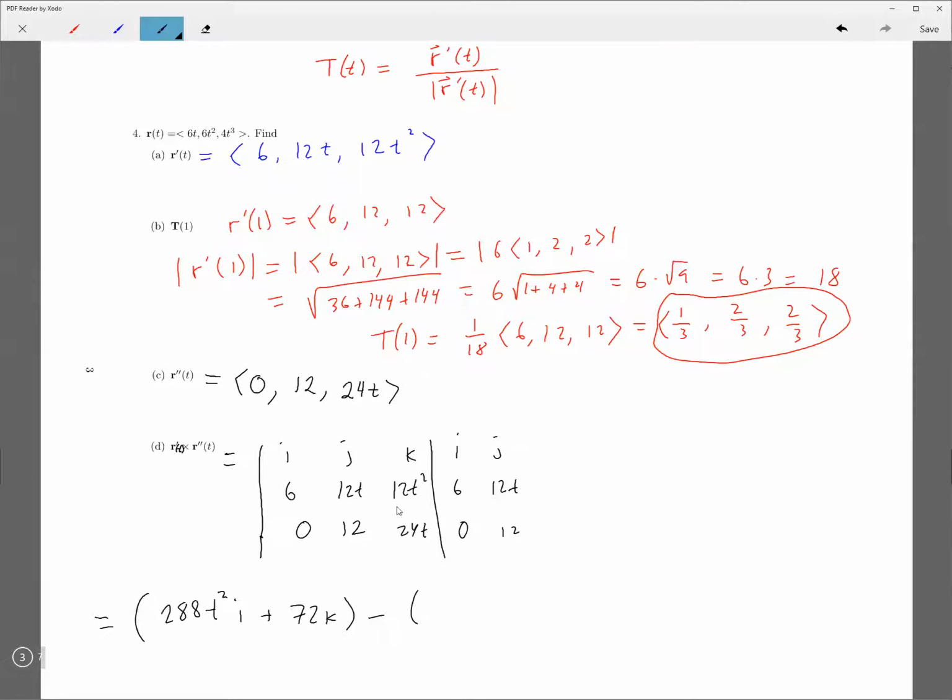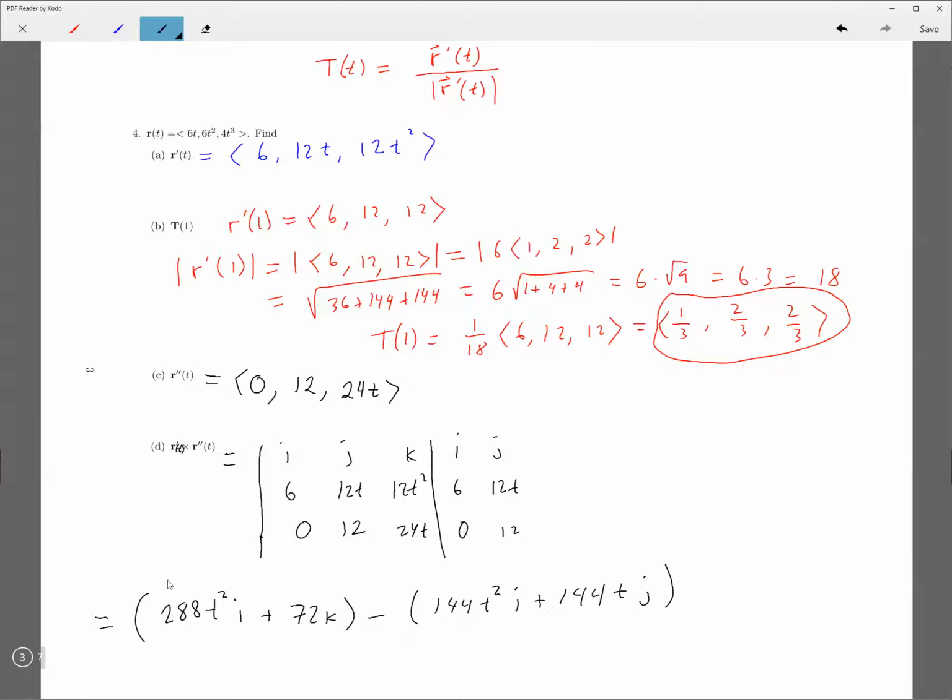That's 0. This is 144t squared i. And this one is also 144, so that's 144tj.